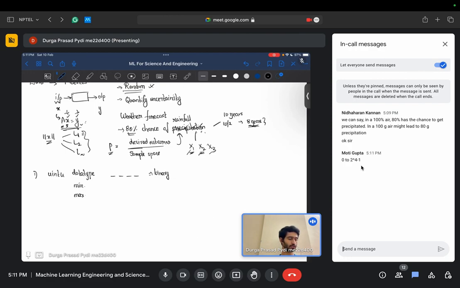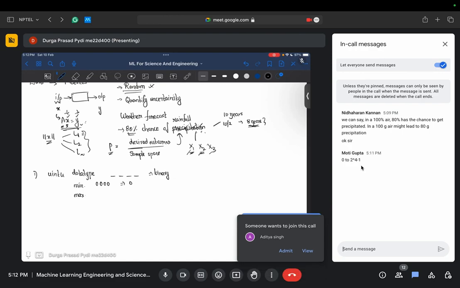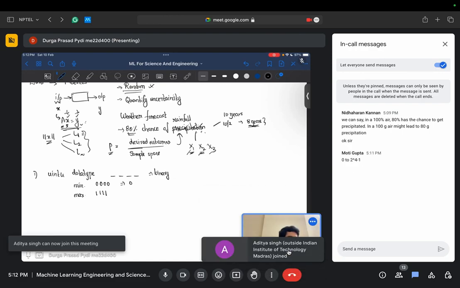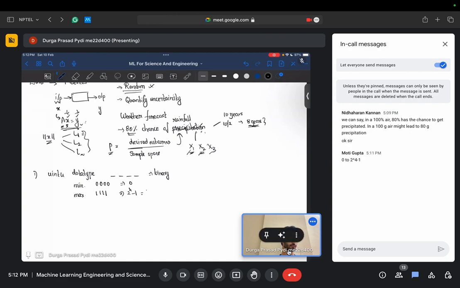So the minimum value is 0, and the maximum is when you have all ones, which will give you 2 power 4 minus 1, that is 15. So the range is 0 to 15.